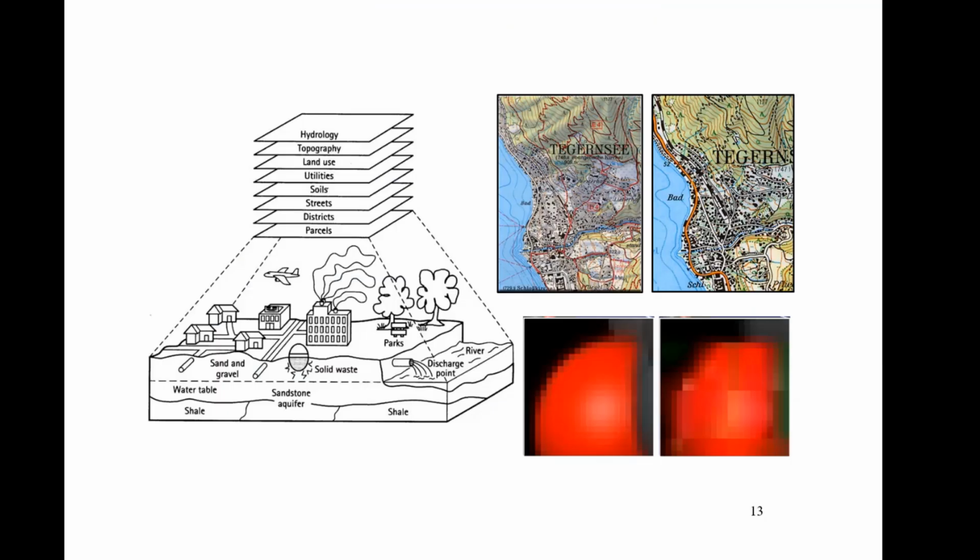As you can see here, we have different types of dependencies. Whenever we insert any data, it doesn't mean that each and every picture looks like that. First of all, we need to insert all the data related to hydrology, topography, land use, utilities, soils, streets, districts, and parcels.